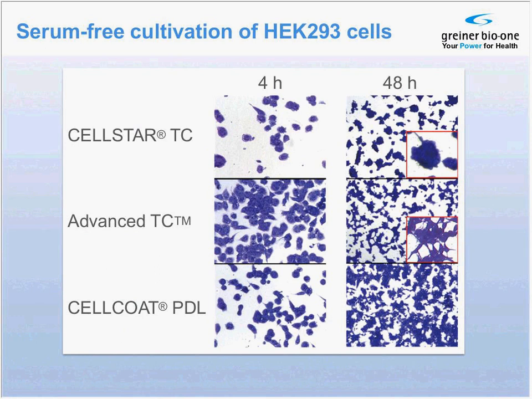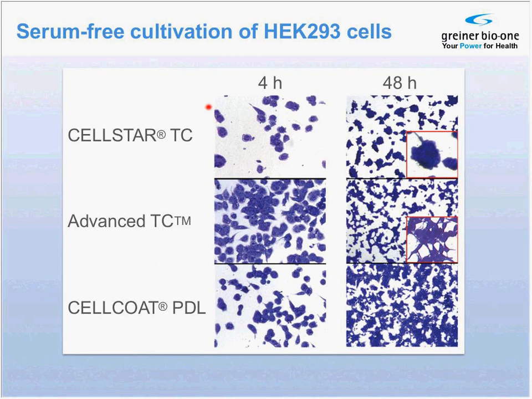I will give you an example of why the surface actually matters for the culture of cells. One common experimental condition for human embryonic kidney cells, HEK293, is to cultivate them in a serum-free medium, and this certainly adds some stress to the cells, because the serum would actually add fibronectin, for example, or other adhesion factors which would be lacking in the serum-free culture.